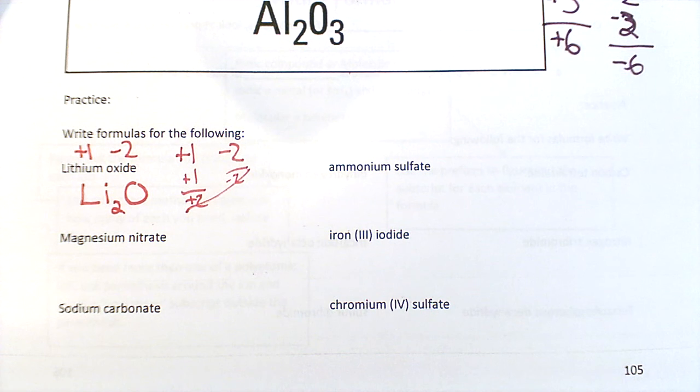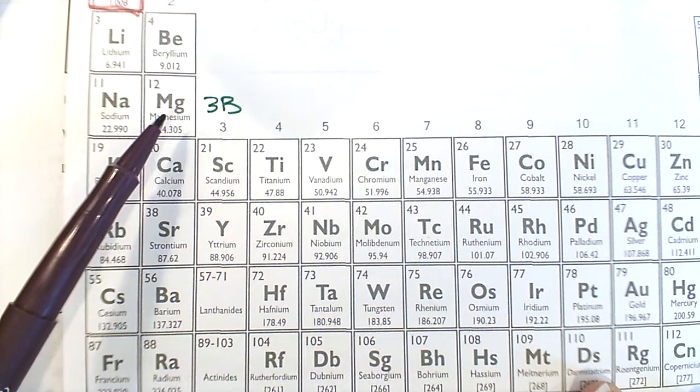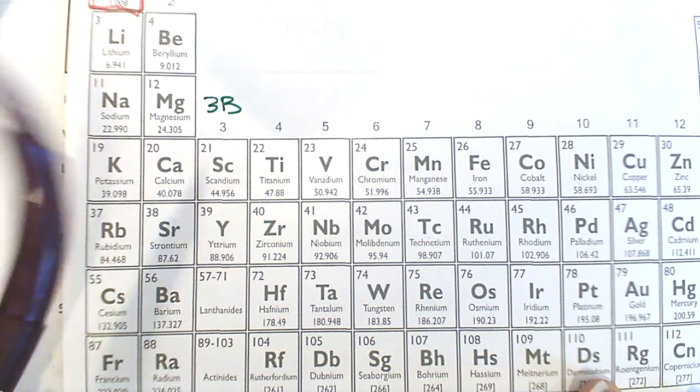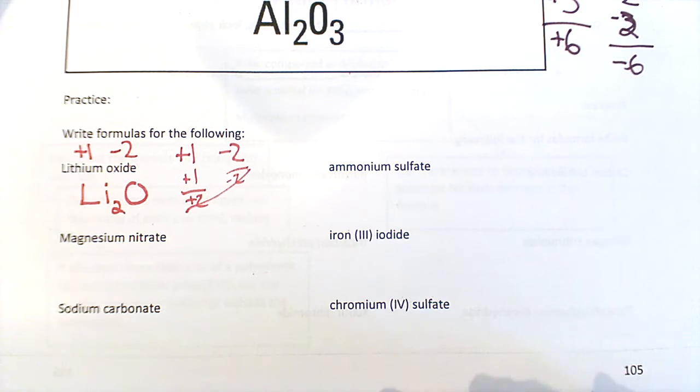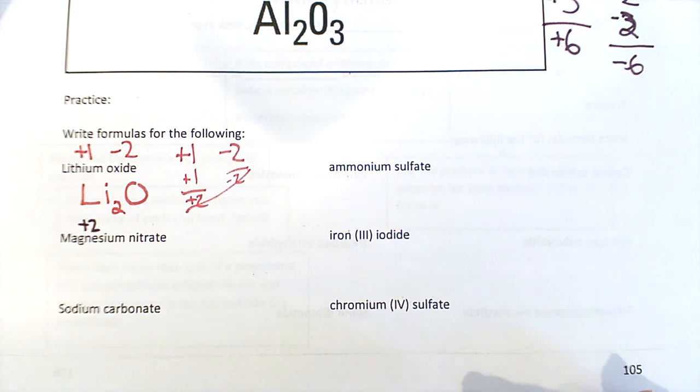All right, second one, magnesium nitrate. All right, so here is magnesium. It is in group 2, so it will have a +2 charge. Okay, and then it says nitrate. Okay, so if it was a plain nonmetal ion, it would end how?